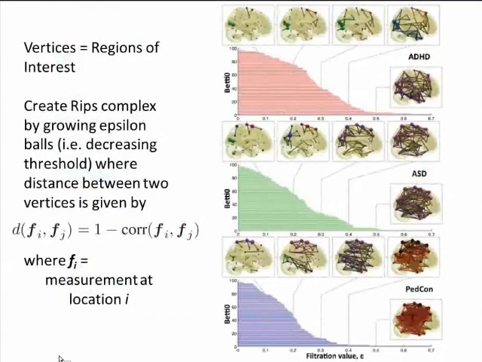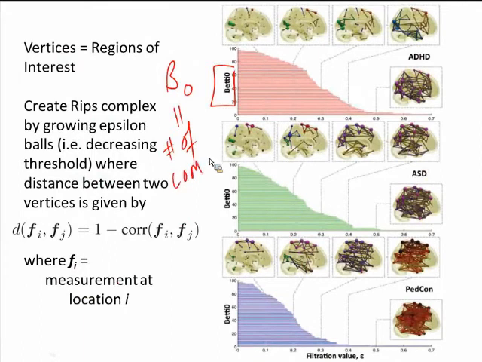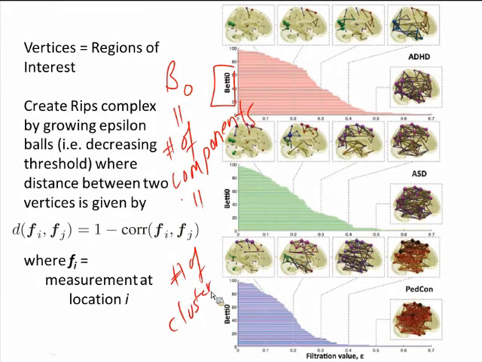So if we do persistence, in this case, our Betti naught, so frequently we use the Greek letter Betti naught, that's just the number of components or the number of clusters. So in this case, we're going in the opposite direction from before.